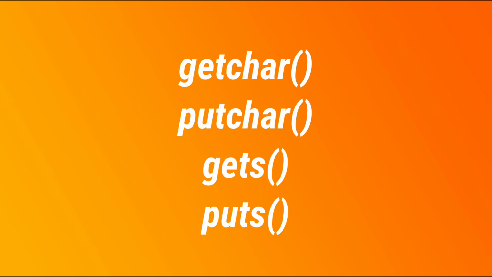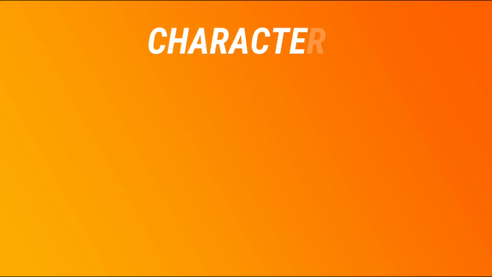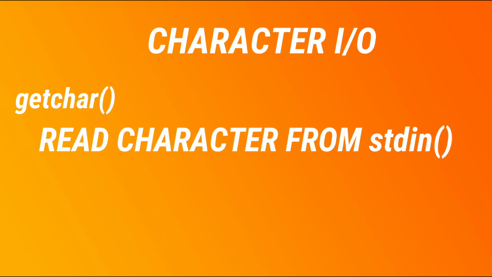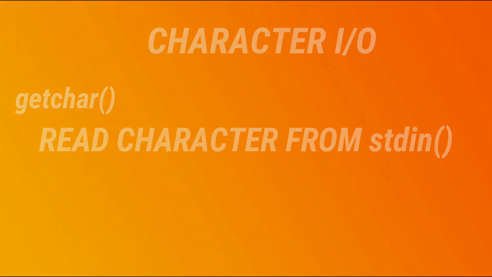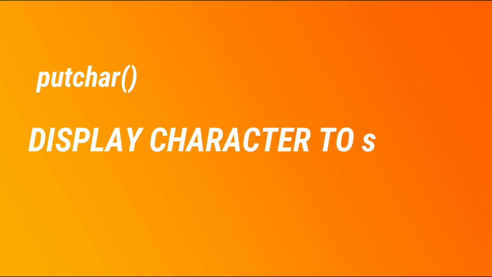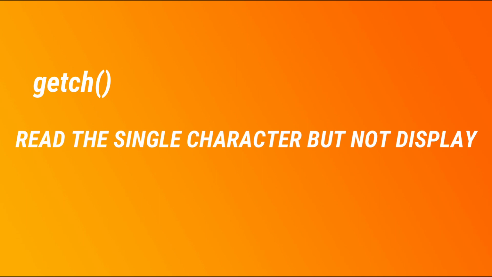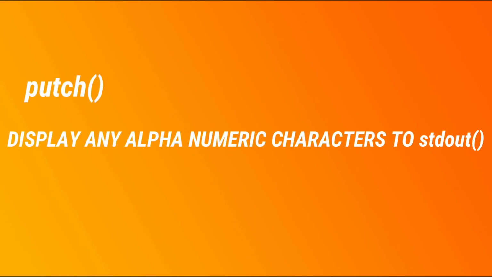They include getchar, putchar, gets and puts functions. getchar is used to read a character from standard input. putchar is used to display a character to standard output. getche reads and displays the character. getch only reads a single character but does not display it. putch is used to display any alphanumeric character to standard output.